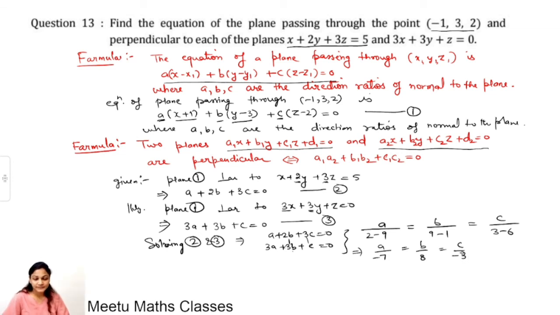Now this will give you that a, b, c are proportional to minus 7, 8 and minus 3. Now substitute the values of a, b, c in 1.